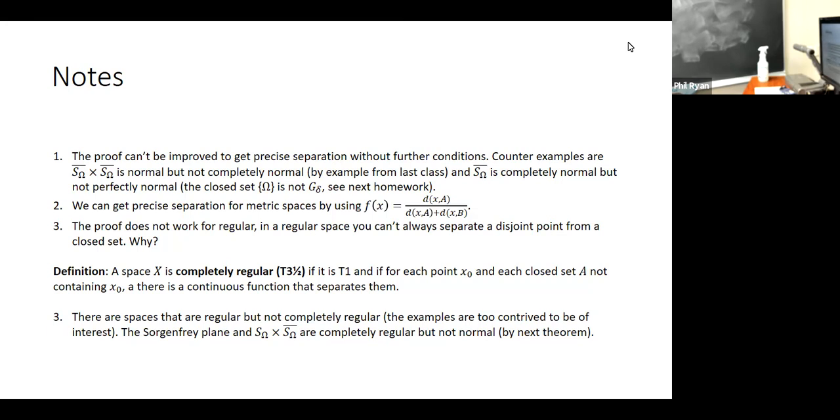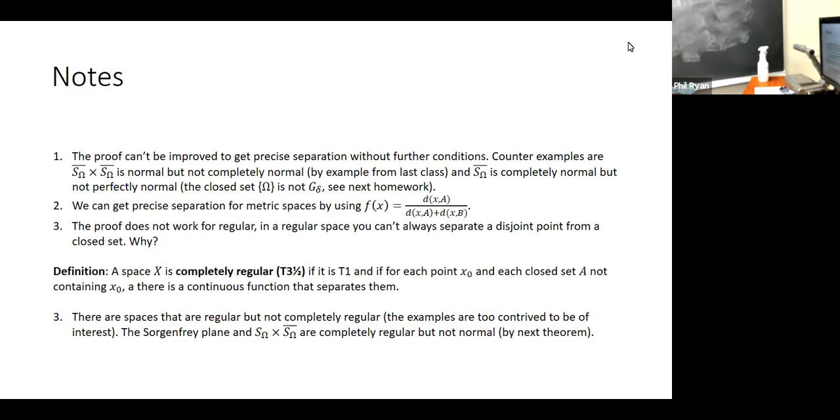And this space here, the closure of this, whatever it's called, the minimal uncountable well-ordered set, the closure of that is completely normal, because every subset of it is normal, but it's not perfectly normal, which means that it can't be precisely separated.